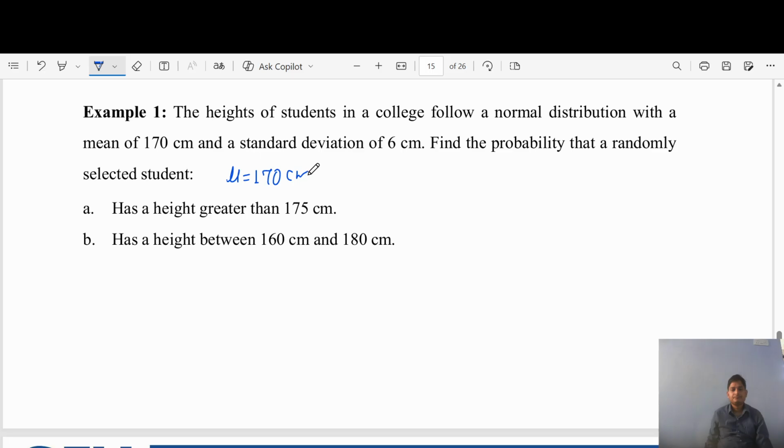Standard deviation, sigma, is 6 centimeter. Find the probability that a randomly selected student has a height greater than 170. So let x denote the height of the students.